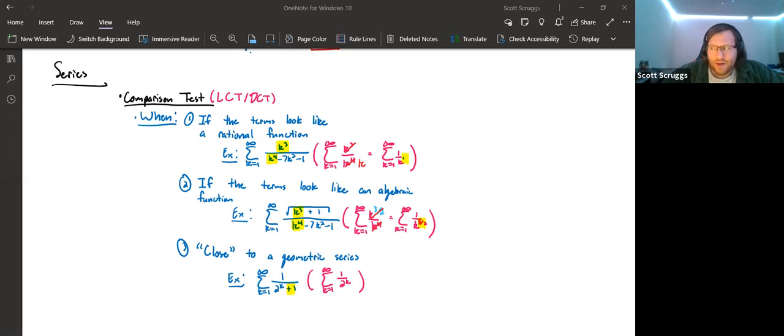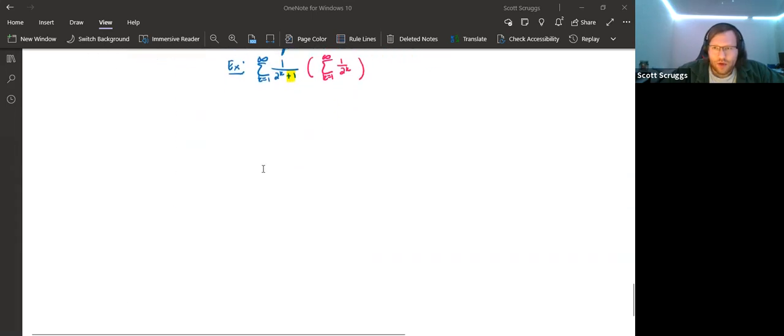And also if it is close to a geometric series. So with that, let's try a plan of attack for some of these problems that I would use the comparison test on.